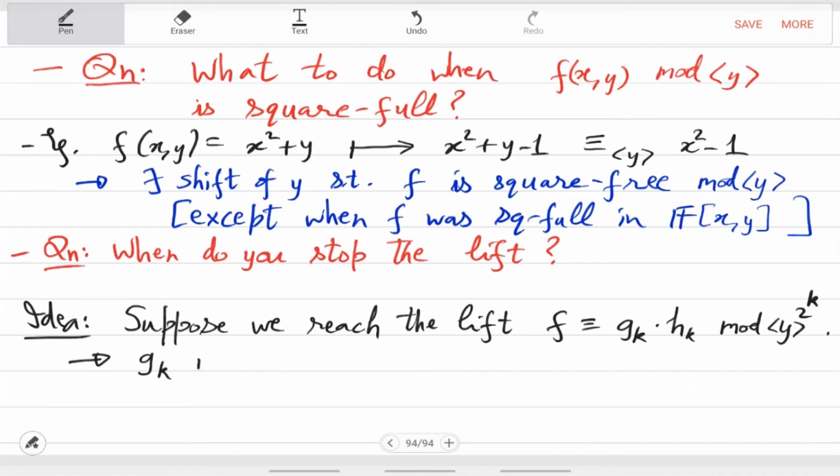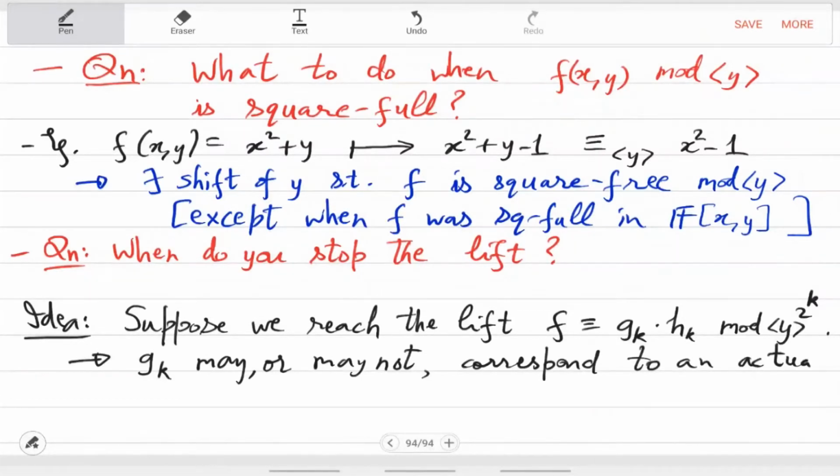So gk may or may not correspond to an actual factor of f.